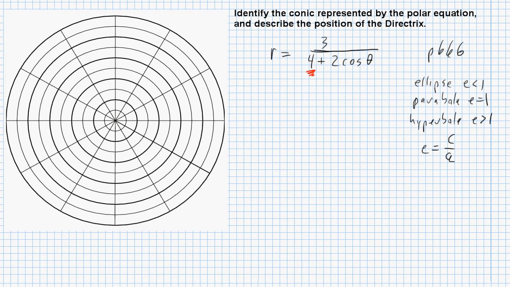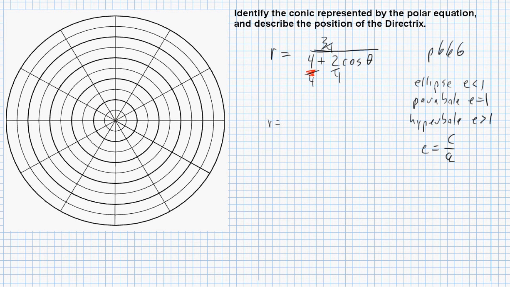So the first thing we want to do in order to figure out what kind of conic we're dealing with here is transform that equation so that this is equal to 1. In order to make that 1, we've got to divide everything by 4, factoring a 4 out of the expressions on the top and the expression on the bottom.